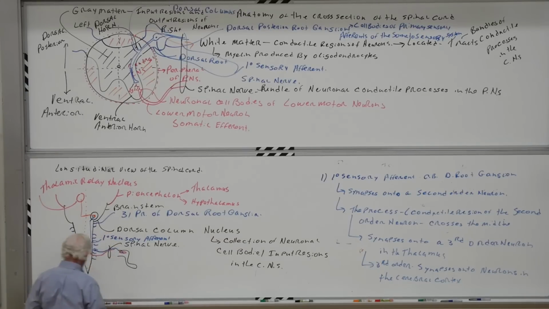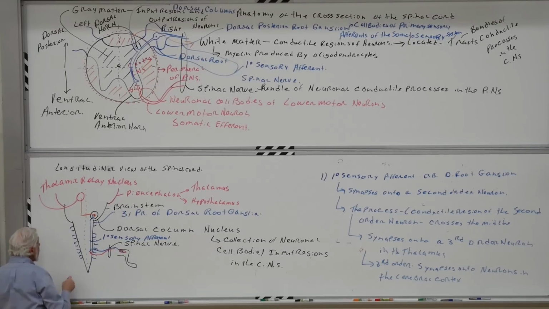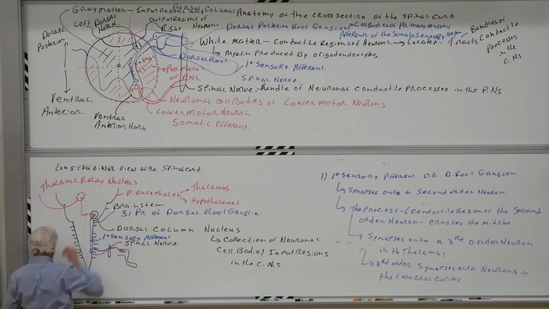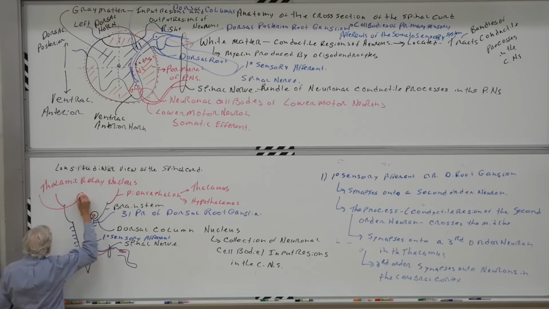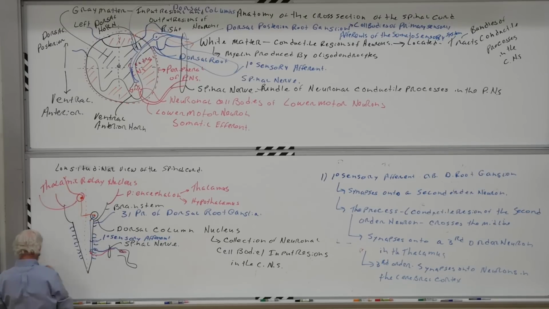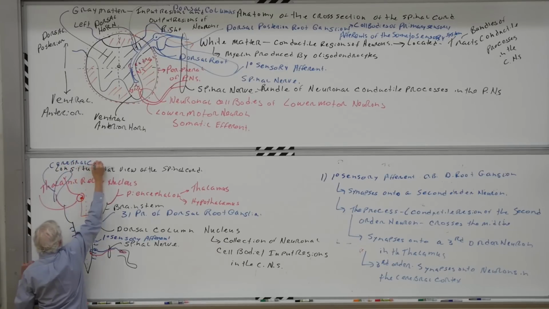That's a collection of neuronal cell bodies. In the thalamic relay nucleus, we now find that there are synapses between the second-order neuron and the third-order neuron, which now sends a process to a region called the cerebral cortex.